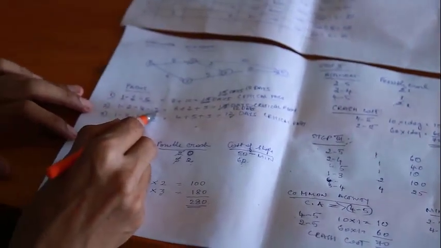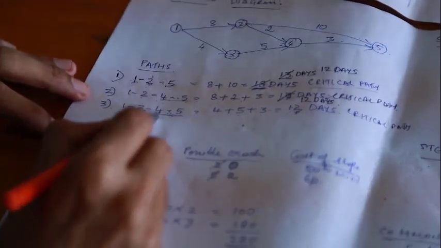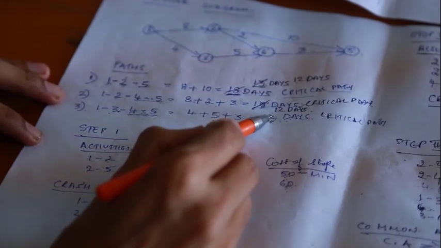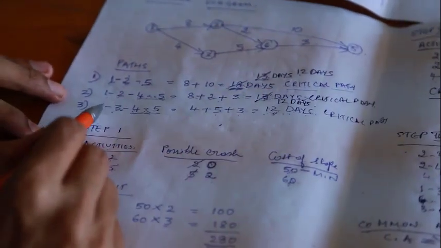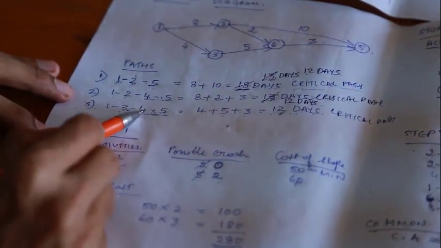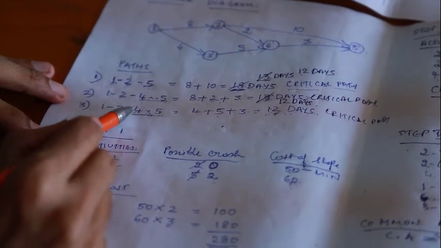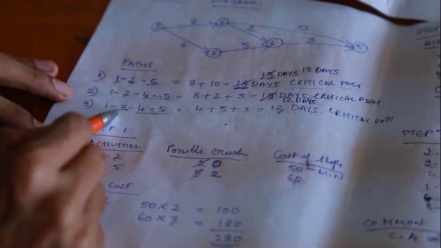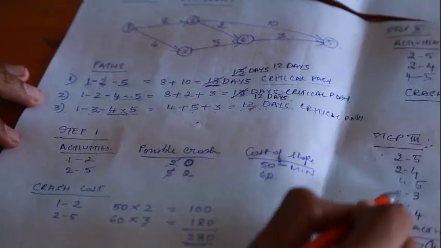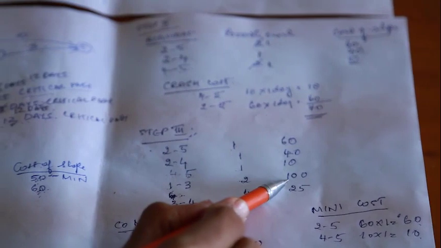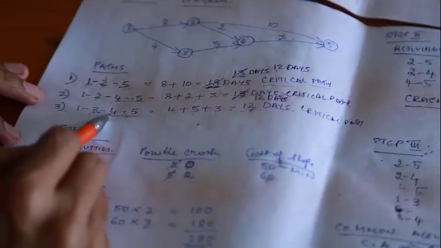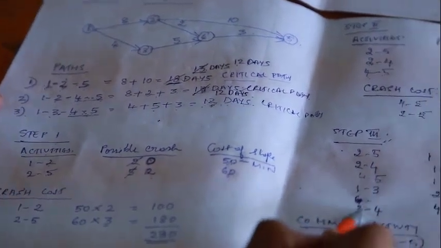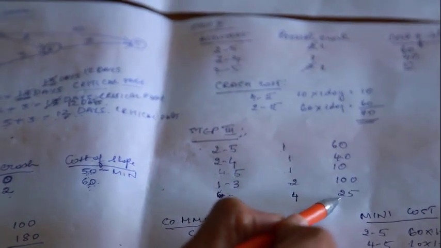This path is over. The next path, again here I have to reduce 1 day. From 12 days I have to make it to 11 days. Now the options are 1 to 3, 3 to 4 or 4 to 5. Among these activities I have to select the least cost. 1 to 3 has got 100 rupees. 3 to 4 has got 25 rupees.